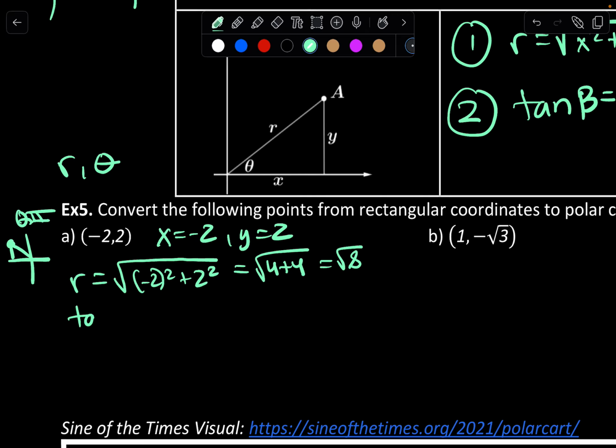So that means tangent beta is equal to the absolute value of y over x. So we have 2 over 2, which is 1. So beta is equal to inverse tangent of 1, which is pi over 4.